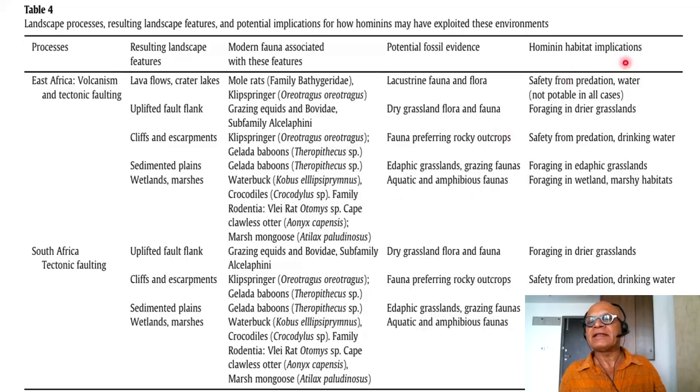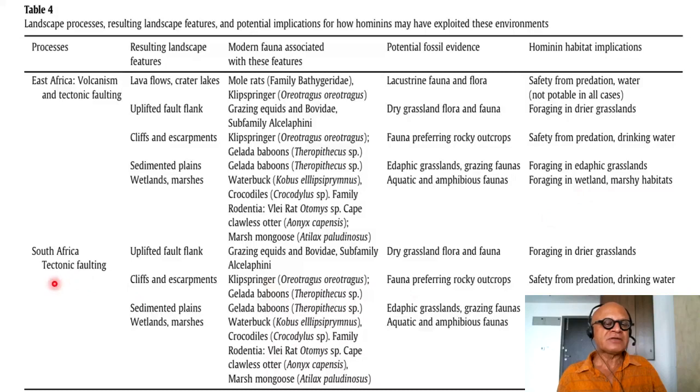And human habitat implications include safety from predation, water, not potable in all cases, foraging in drier grasslands where it's easier in terms of fauna, the bovidae that evolved to live in grasslands and savannas and maybe became food for other hunters and humans. Safety from predation and drinking water. So this is for both hominins and fauna. Foraging in edaphic grasslands, foraging in wetlands and marshy habitats.